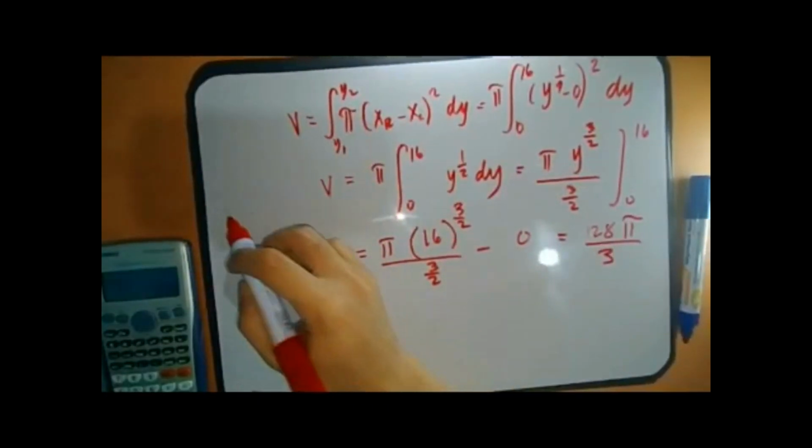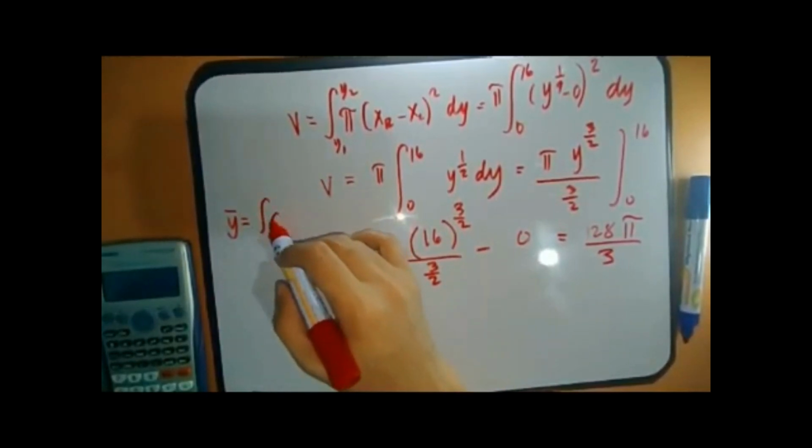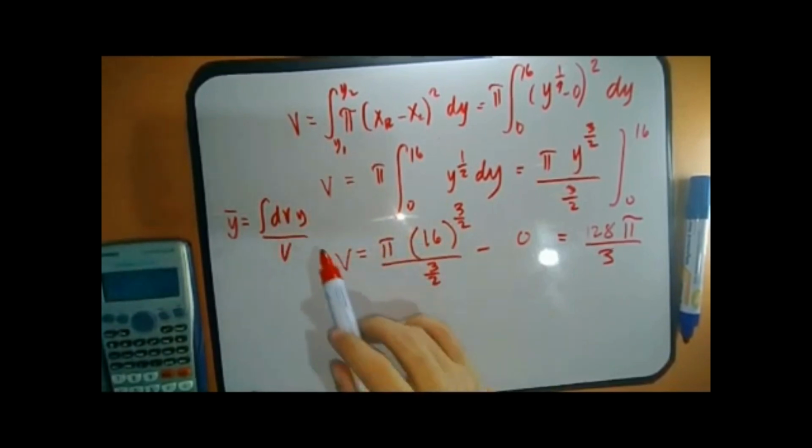So let's go back, guys. So y bar is equal to the integral of differential volume times y, all over V. So we have no over 2 for y, guys. I repeat, it's because our strip is horizontal. So let's input everything.